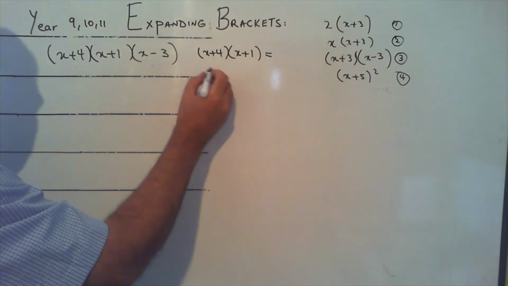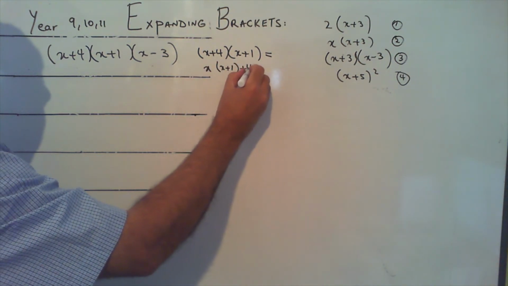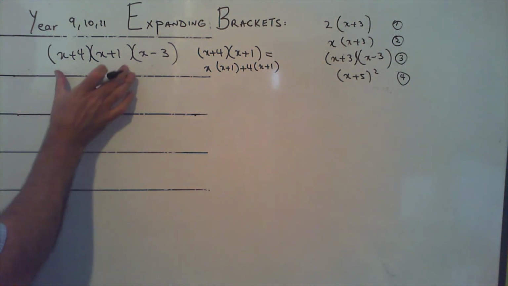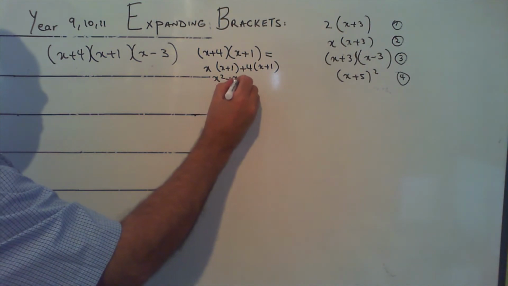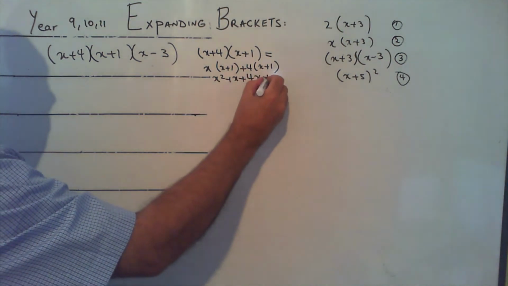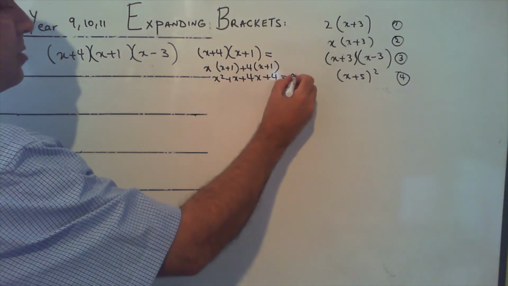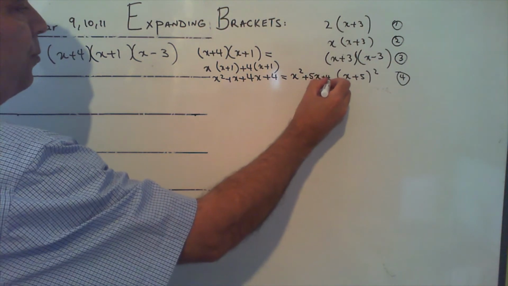I'm multiplying x times x plus 1 plus 4 times x plus 1, right? So x times x is x squared plus x plus 4x plus 4, and therefore I'm going to end up simplifying this as x squared plus 5x plus 4, right?